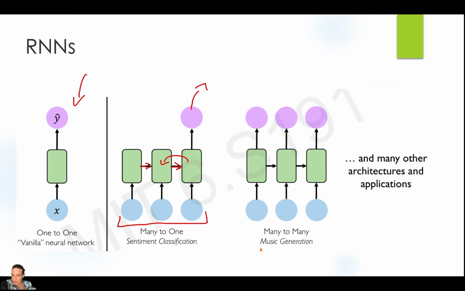This is very useful if you're doing sentiment classification: you have a whole sentence you want to input here, and you want to predict, is it positive or negative? Finally, we have an end-to-end model, many-to-many, whereby you have a sentence as input and you want to predict another sentence. Think of translation or music generation. You have one bar of music and you want to predict the next bar of music. There are many variant architectures here that are useful for different types of applications.